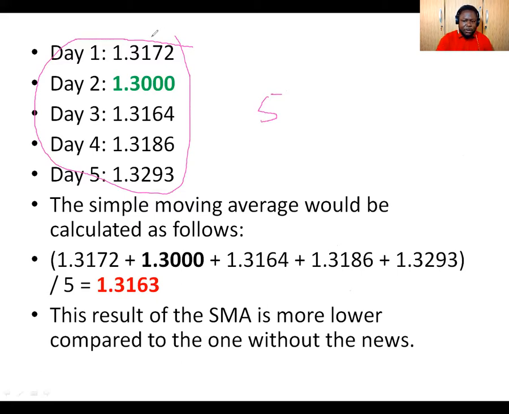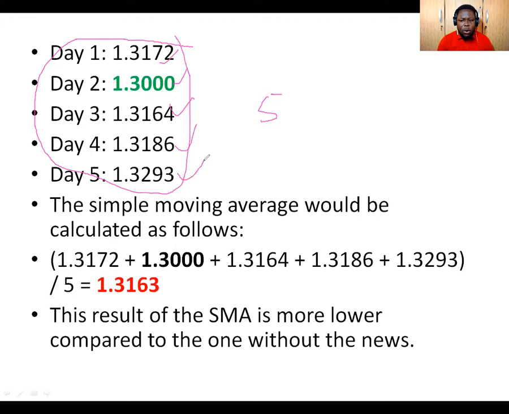If the time frame is daily, it means it's going to calculate all the 5 days. If the time frame is 4 hour, it will calculate 5 of the 4-hour candles. If the time frame is 1 hour, it's going to calculate 5 candles: the first hour, second hour, third hour, fourth hour, and then the 5th hour candle.